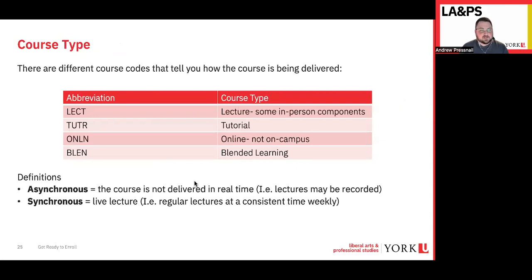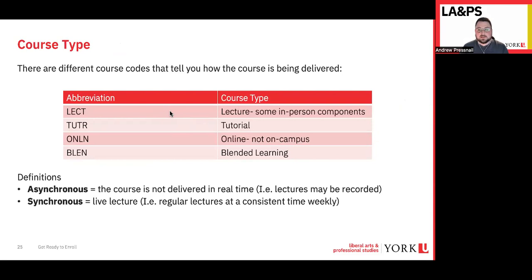On the next few slides, there's going to be a lot of information about how our course is being delivered, and you're going to see some acronyms and abbreviations, and I would like to explain exactly what they mean. In first and second year courses, it's common to have a course taught with a lecture as well as a tutorial component.